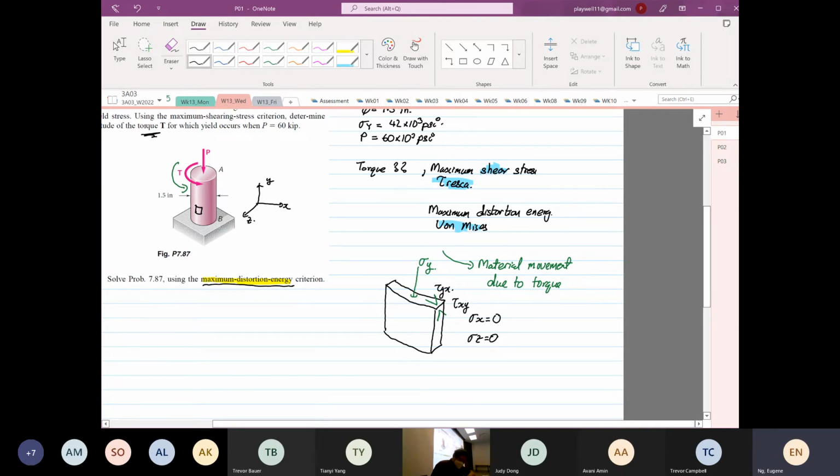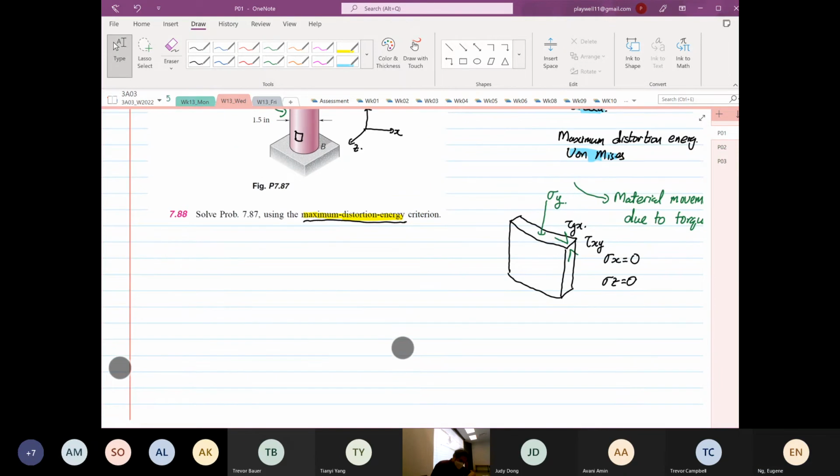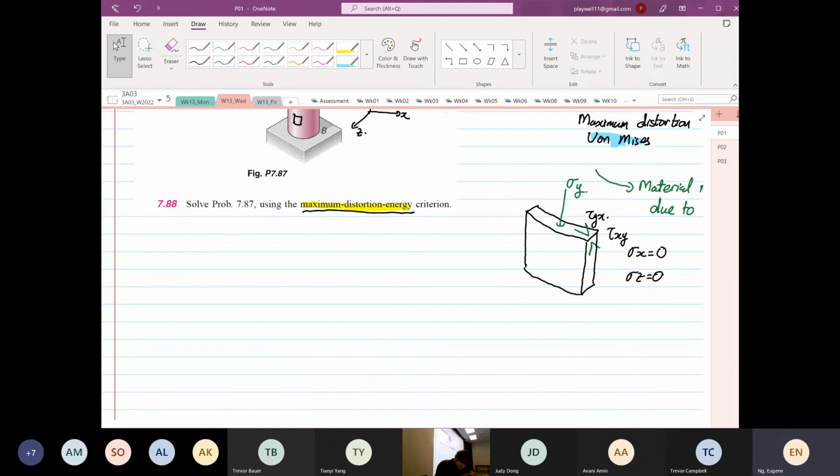Okay. So let's look at the maximum distortion energy criteria. The objective over here is to determine the torque. So we are going to apply the maximum distortion energy criteria, in other words known as von Mises.